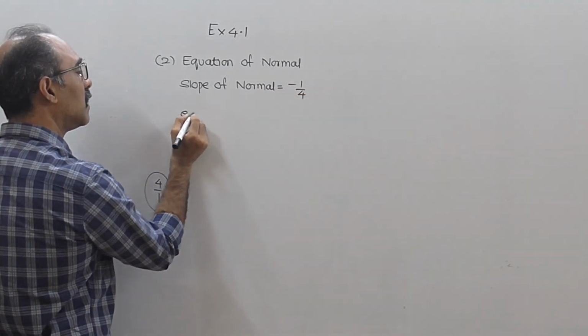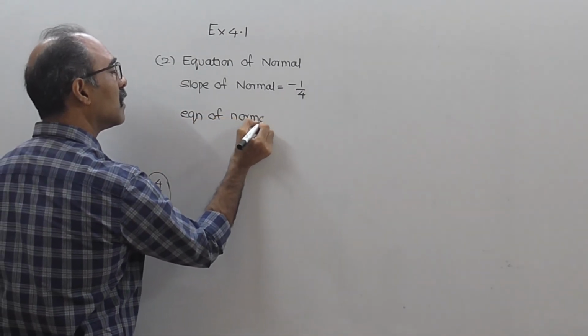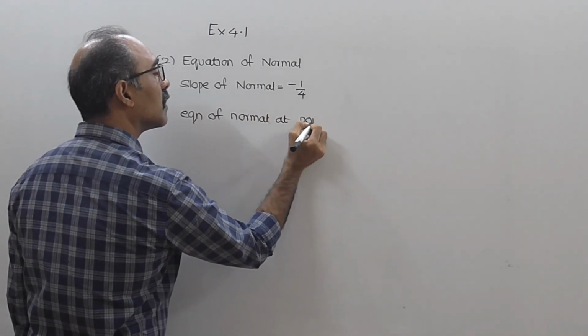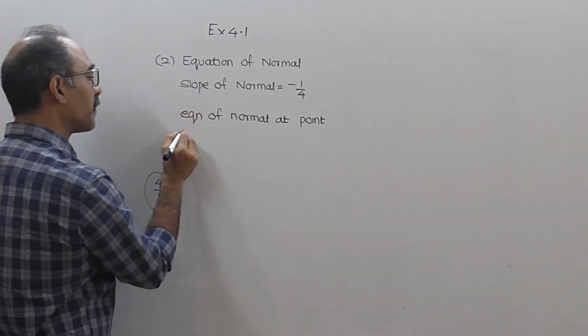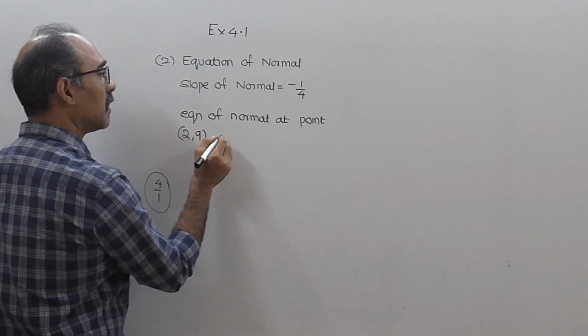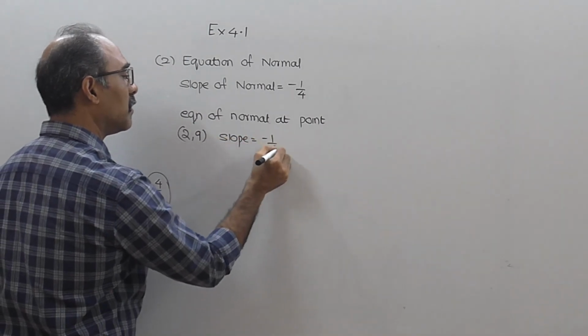And equation of normal at point, I think we got it as 2, 9, and slope minus 1 by 4.